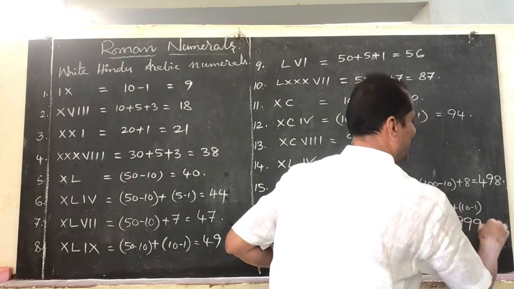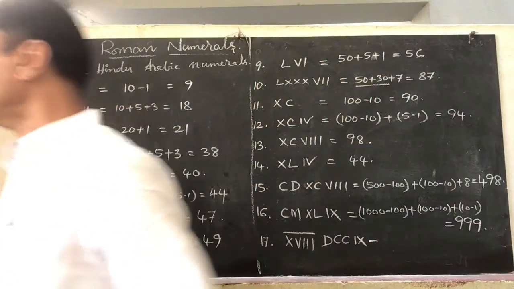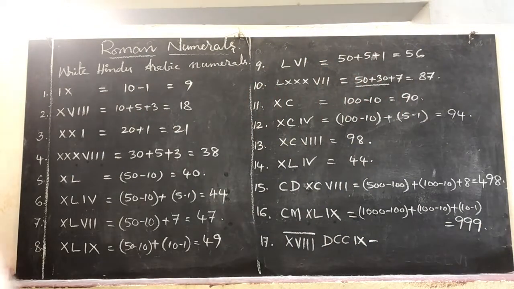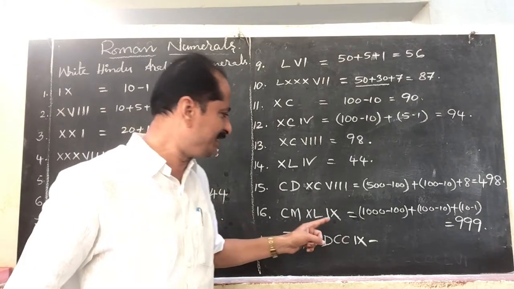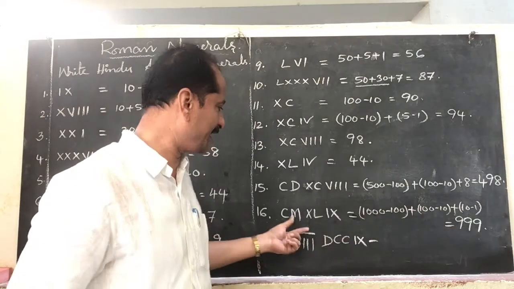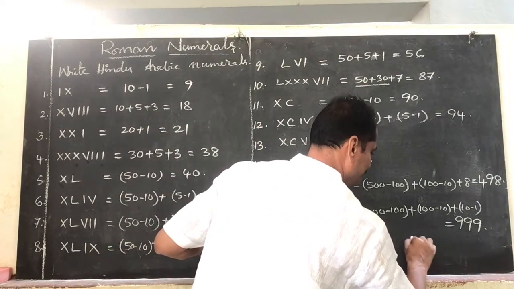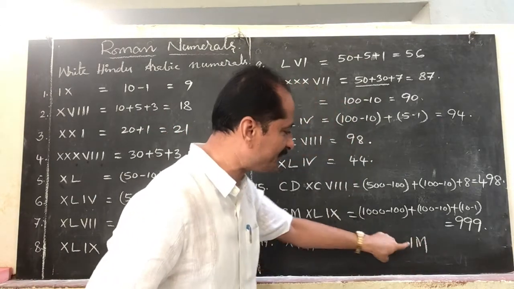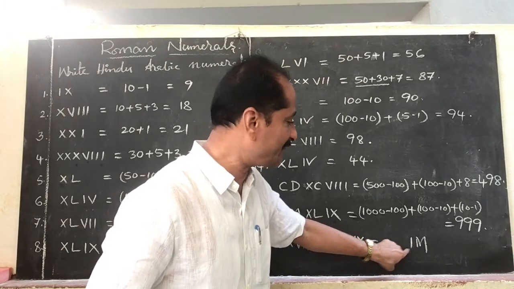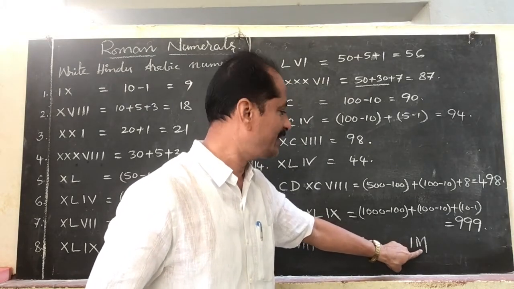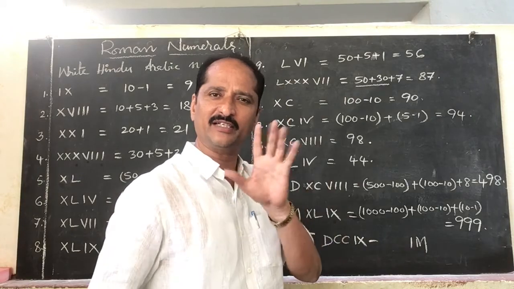999. But is it necessary to write this much big number for 999? Directly we can subtract 1 from 1000, can't we? 1000 minus, if you write a smaller symbol on the left side of a greater symbol, that is to be subtracted. So 1000 minus 1 is 999.